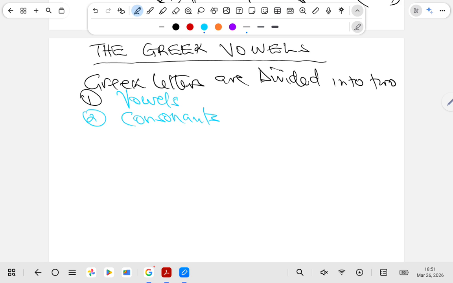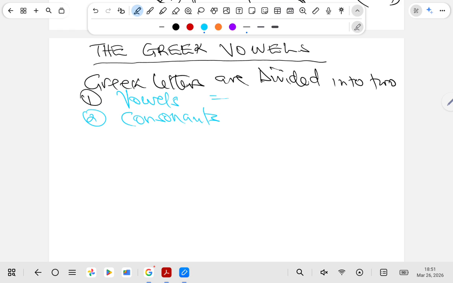Now, vowels, as many of you know, are pronounced by exhaling air from the lungs. Greek, however, has 7 vowels compared to the 5 that exist in the English alphabetical letters, as we now call them.